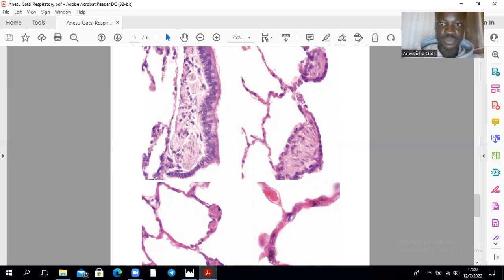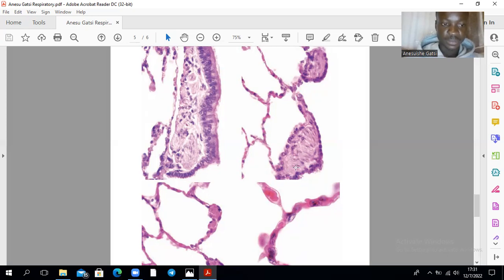And those are Clara cells in the bronchiolar epithelium, but this is an alveolus. Then what else can we see? Those are the simple squamous cells lining the alveolus.